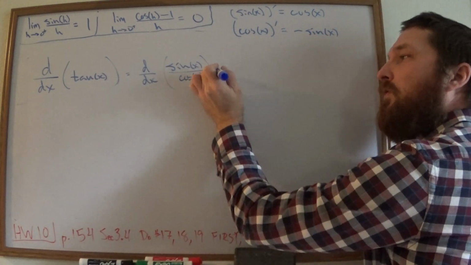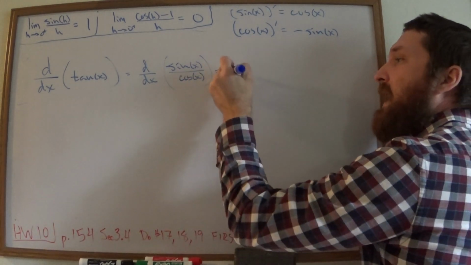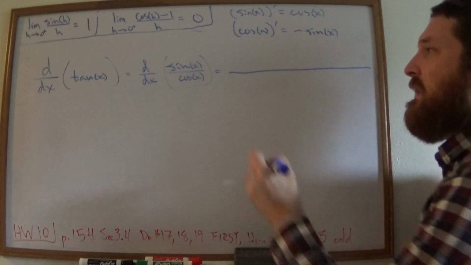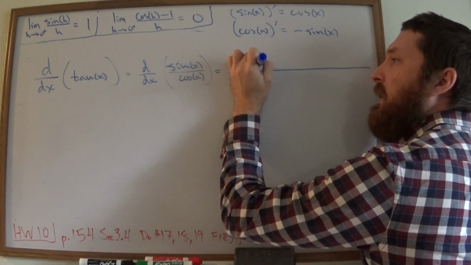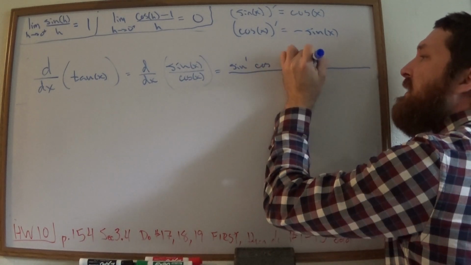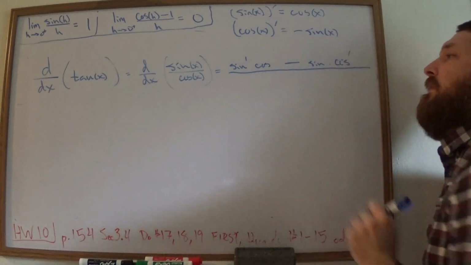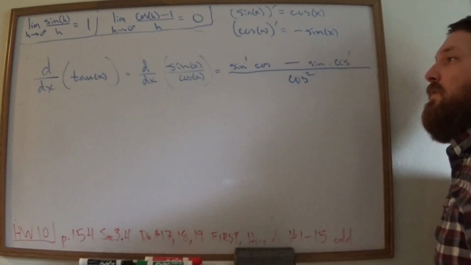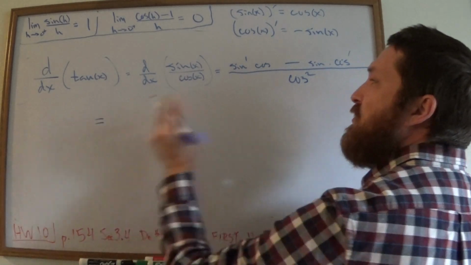Now, what rule do we use here? The division, quotient rule. So I'm just going to do it like this. You take the derivative of the first, multiply, leave the second alone. Subtract, leave the top alone, take the derivative of the bottom, divided by cosine squared. So now, what is the derivative of sine?